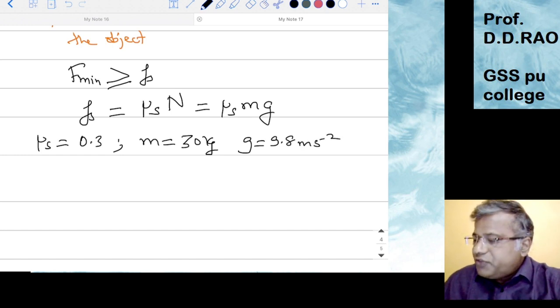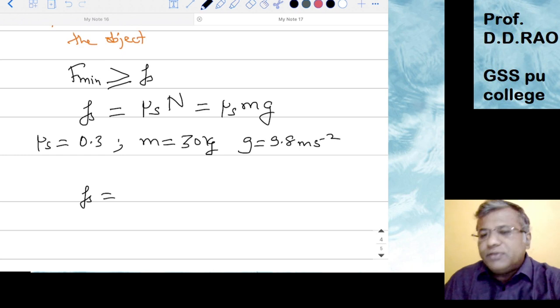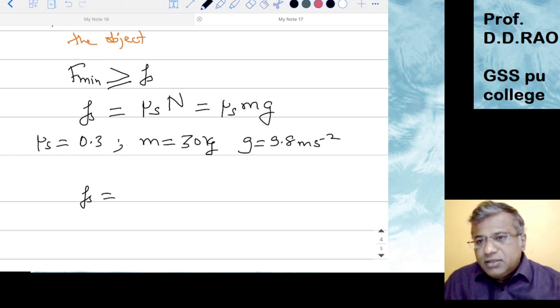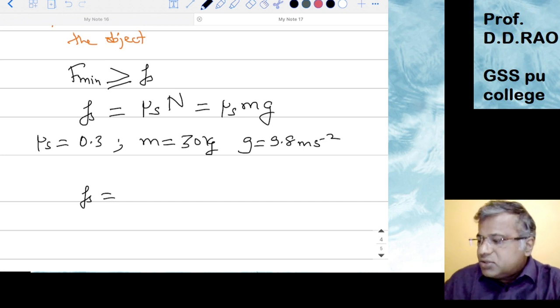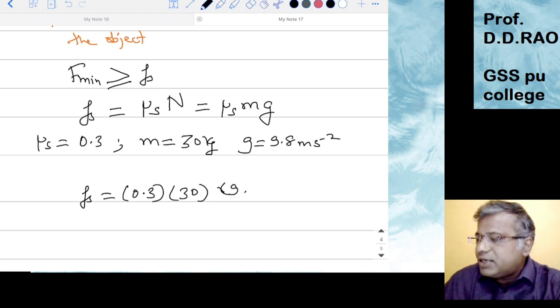So the frictional force acting, which is a static frictional force, because when the object is at rest there is a static frictional force acting, will become 0.3 into 30 into 9.8, by using the formula Fs is equal to mu s mg.